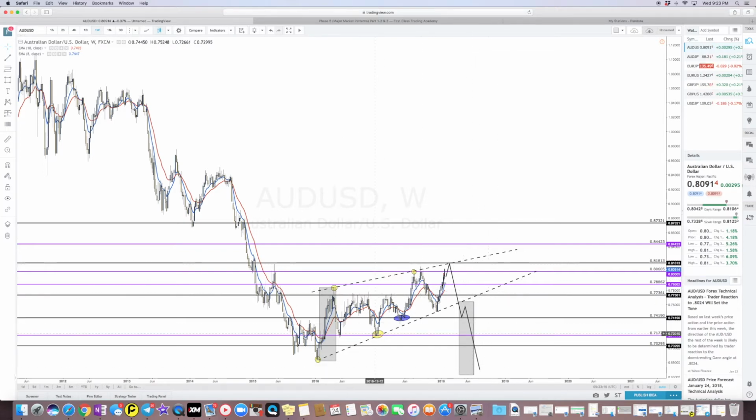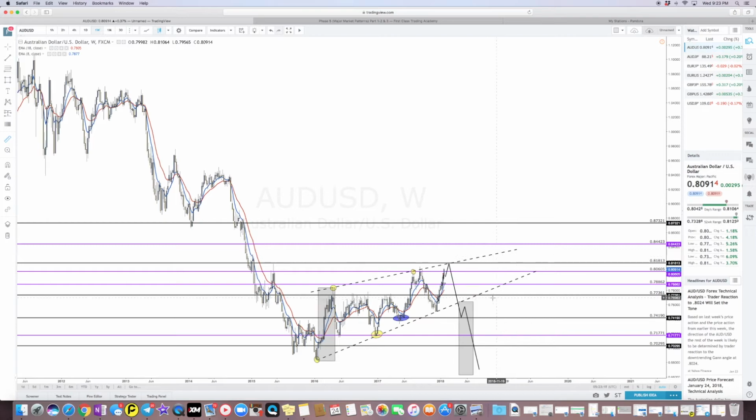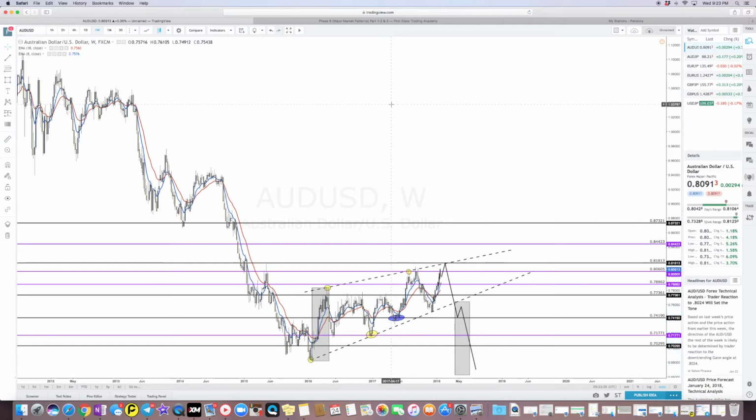I then place that down there. So out of a whole general pip target, give or take, we are looking at about a 1,000 pip move over the general status of who knows how many months, right?